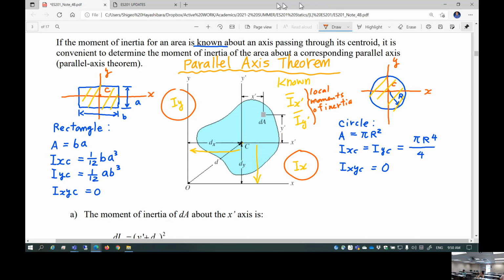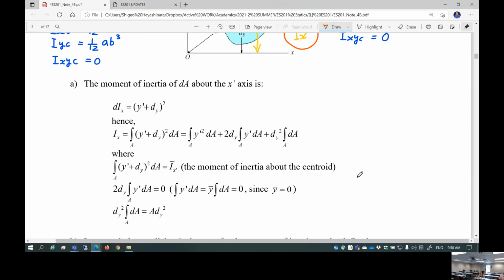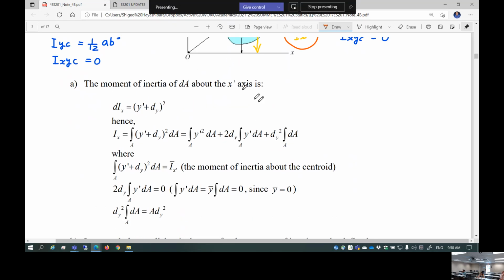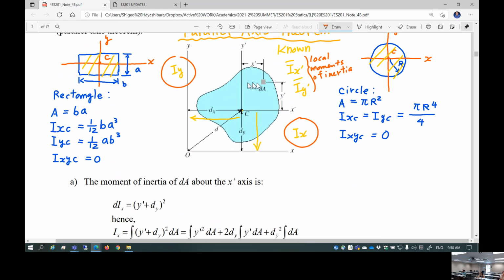So let's just take a look. What is the parallel axis theorem? You are going to find the moment of inertia of dA about the x axis first. The moment of inertia about the x axis: dA is located, measured from the x-axis, at dy plus y prime.